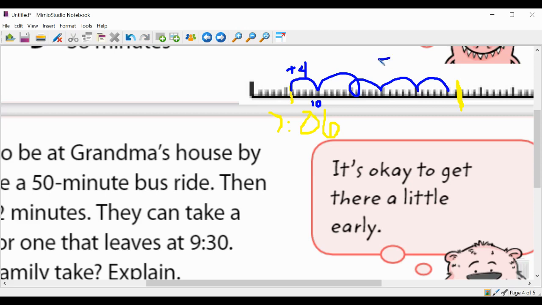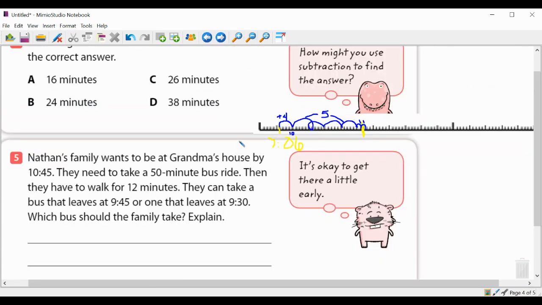So those are all fives. So that's gonna be 1, 2, 3, 4 fives. And then to get to 7:32, we're gonna go 1 and then 1 more here. So 1, 1. So now all we gotta do is count that up.